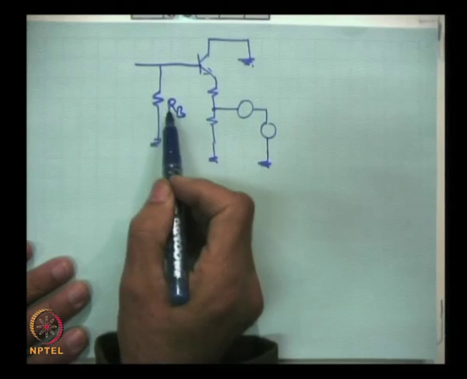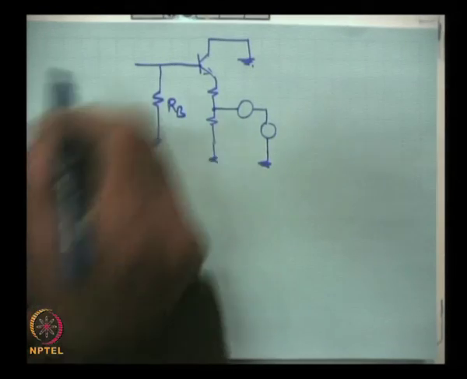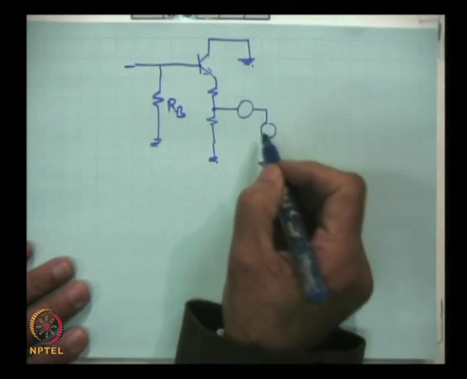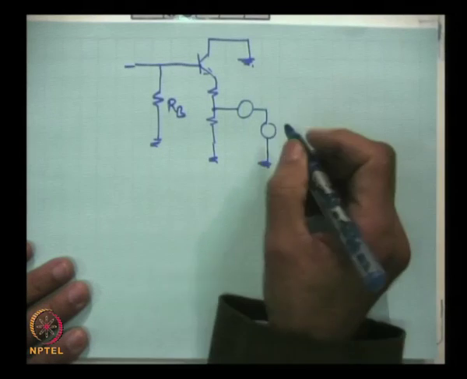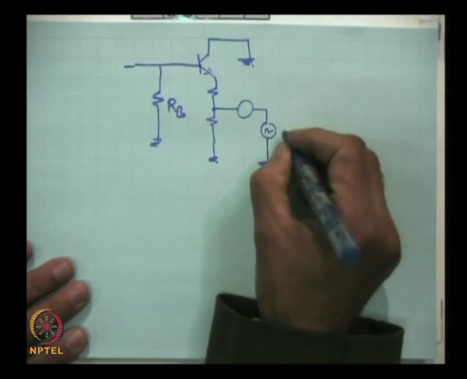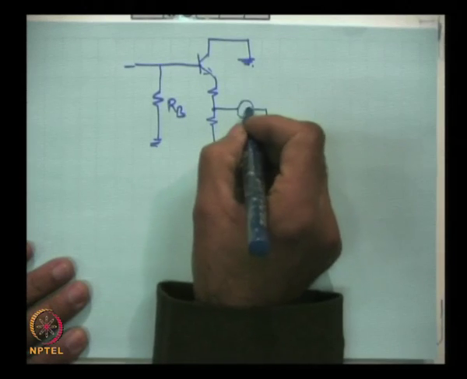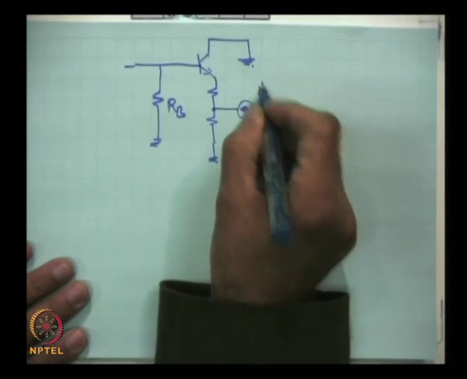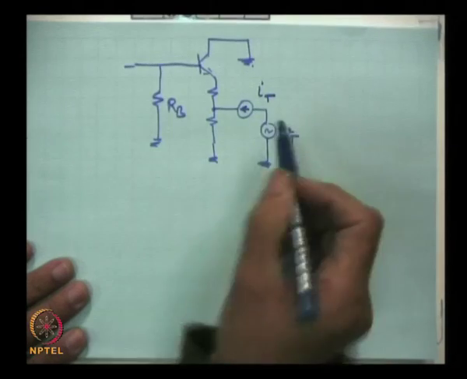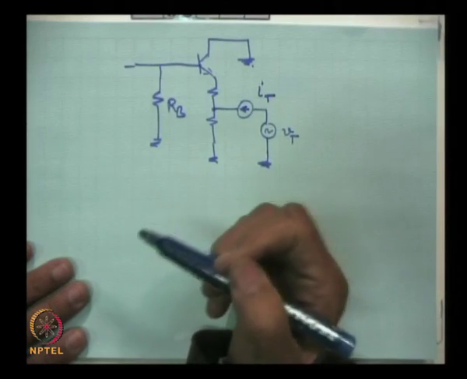This is the effective biasing resistance, and when we are finding the input impedance, then we apply here an AC test signal Vt, which will send a current It, and the ratio of the two will give the input impedance.